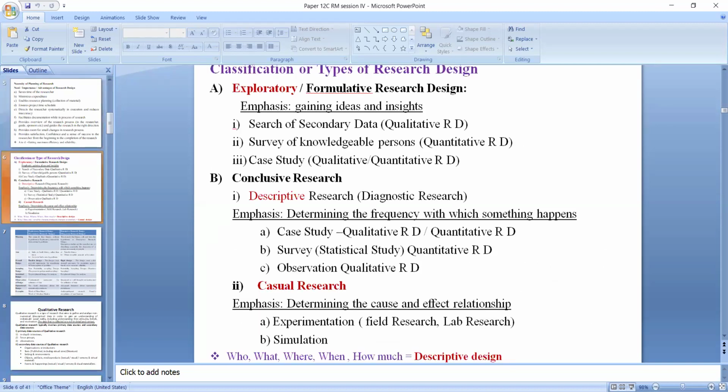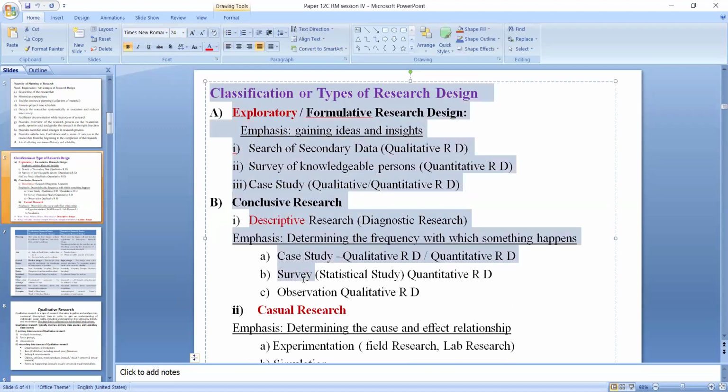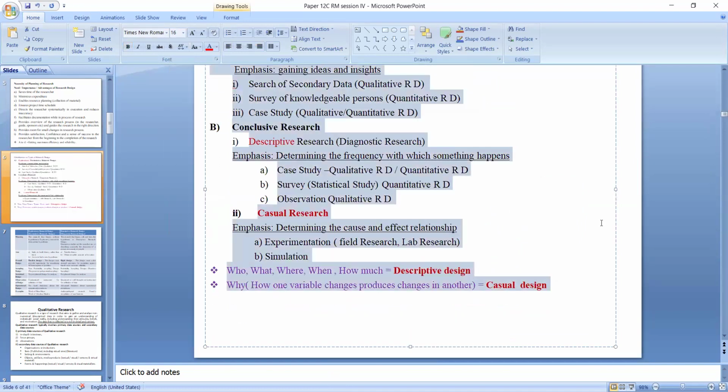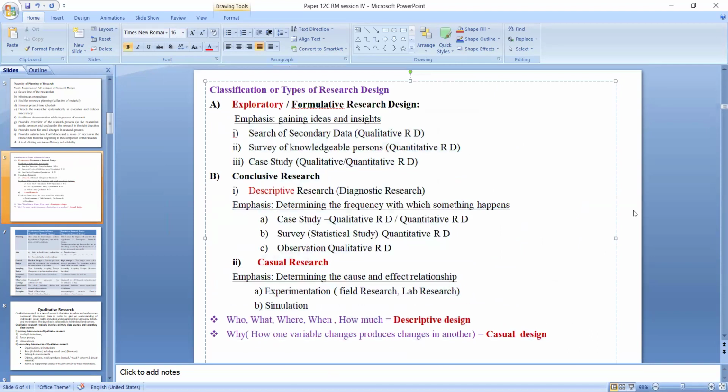Now let us see the types of research. Just a minute, I will reduce the font size. So research design, we have understood.